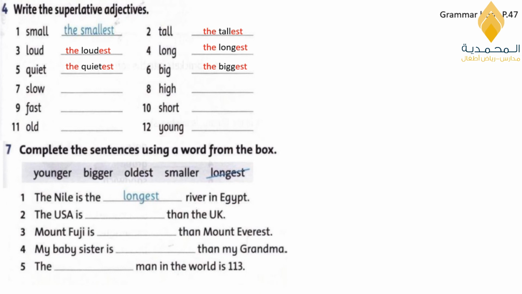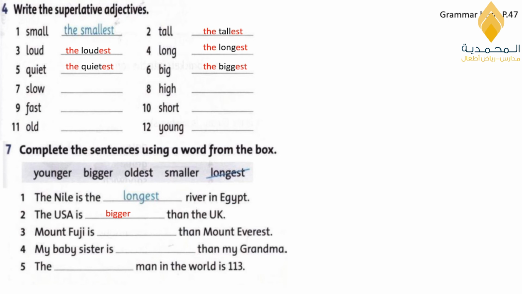Complete the sentences using a word from the box. We have younger, bigger, oldest, smaller, longest. Number 1. The Nile is the longest river in Egypt. Number 2. The USA is bigger than the UK.